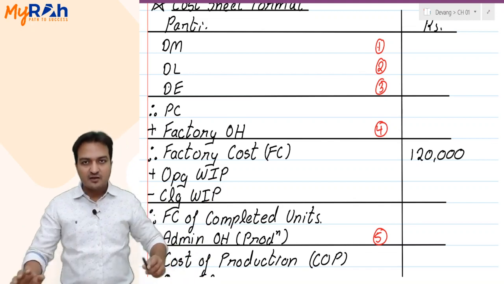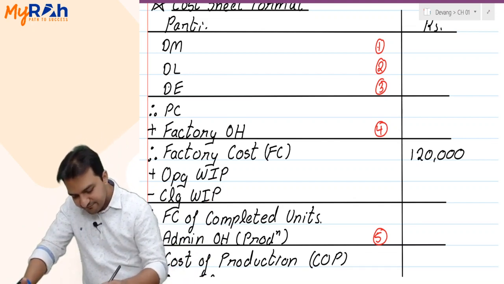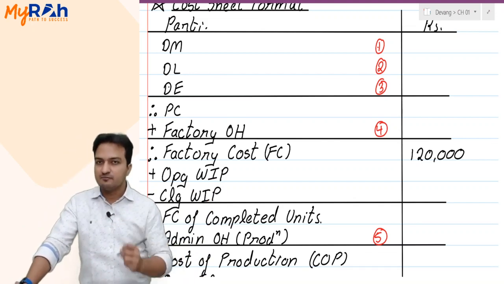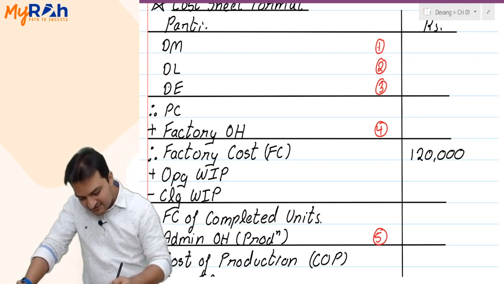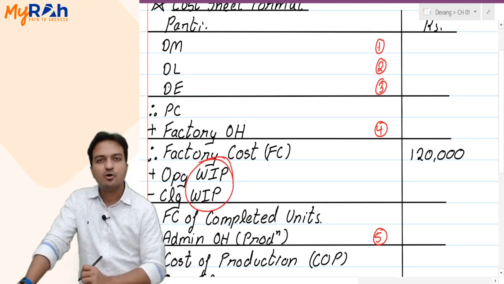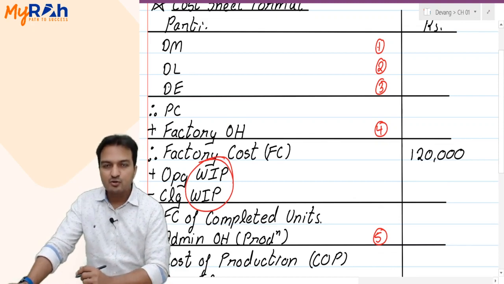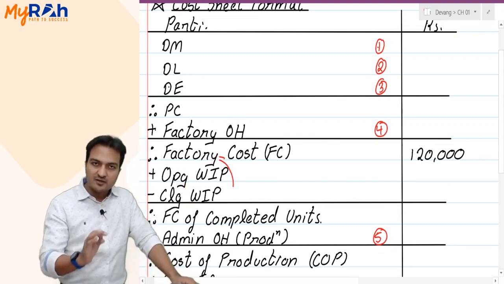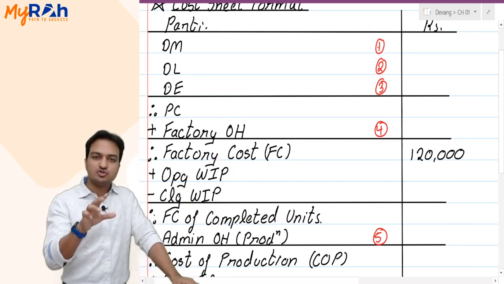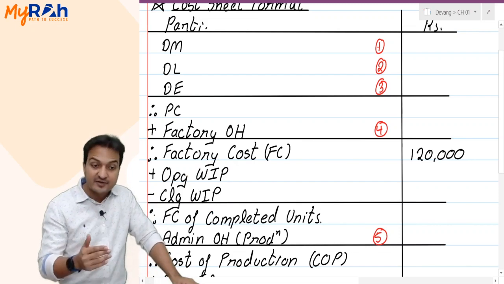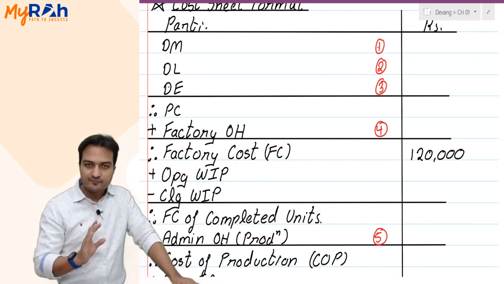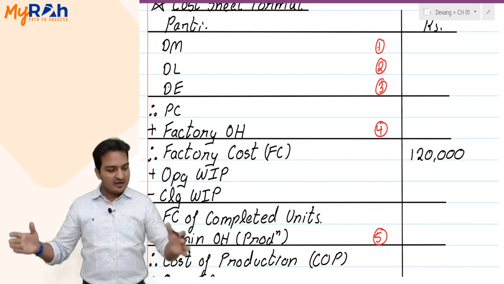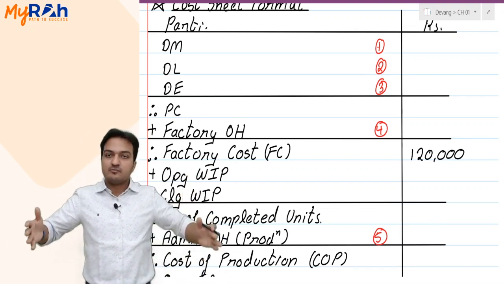Well, for those incomplete units, we have a special term used in costing called WIP, work in progress. WIP stands for work in progress. It indicates those units which are incomplete at the end of the year. Now during the year, say I have one machine over here.